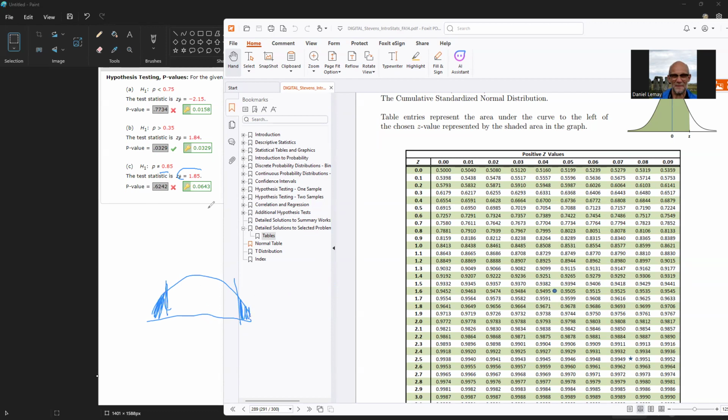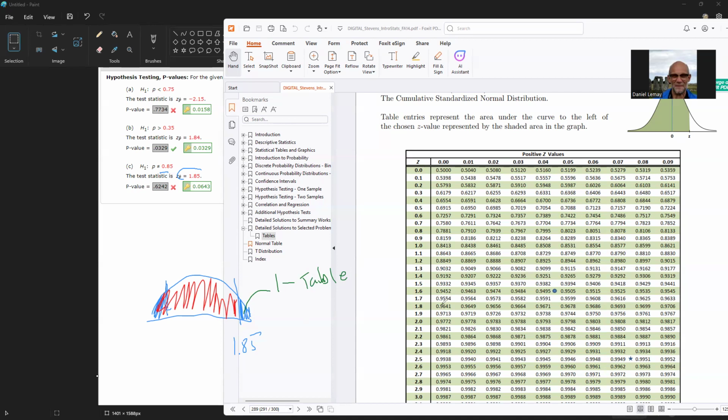Because this is a positive 1.85, the table is going to tell us this area here, right? And if we want to find this area here, let me get fancy and go to green, we've got to do 1 minus that table answer, and then we're going to double it, because that area will be the same in both ends.